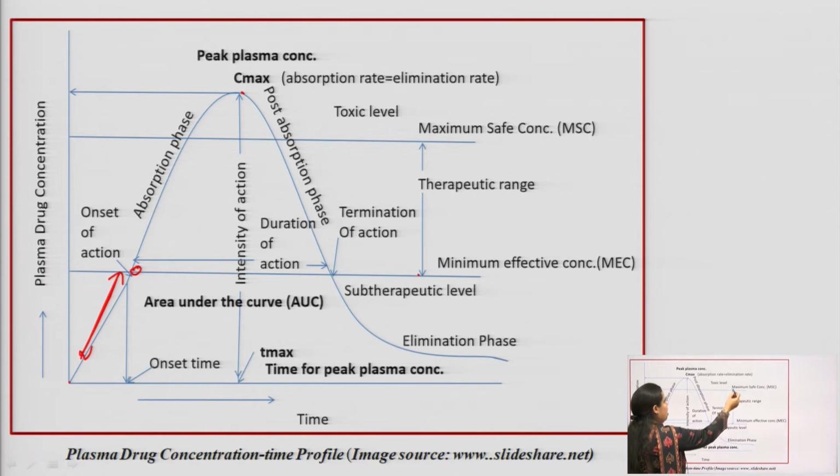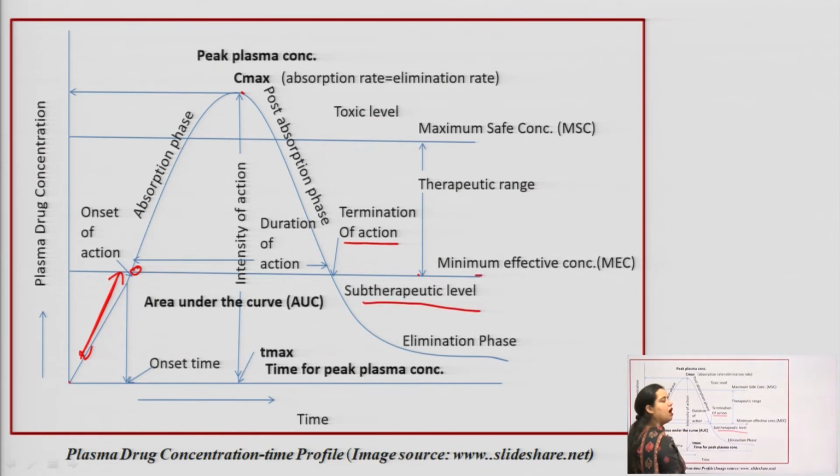The range between these two will be considered as the therapeutic range. Below that minimum effective concentration, we are not getting any medicinal effect from the drug, so it will be termed as termination of action.